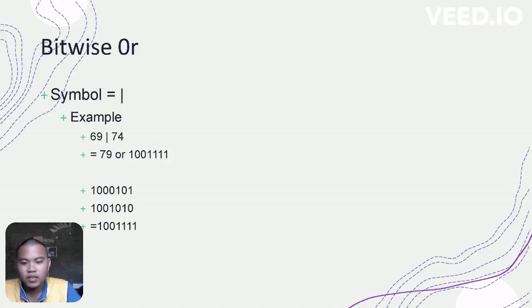The symbol for the bitwise OR is this vertical line. Example again, 69 OR 74. The result of that is 79, or 1001111.